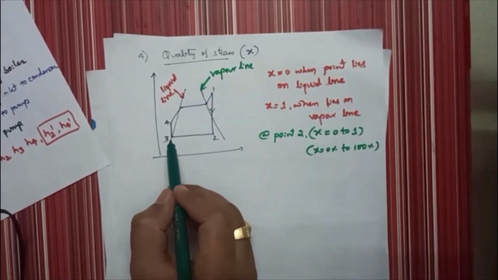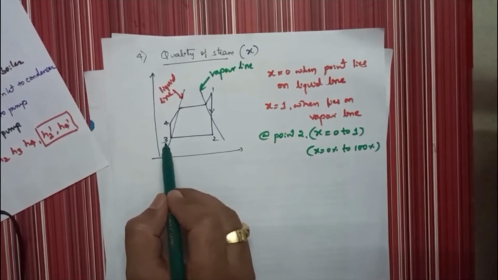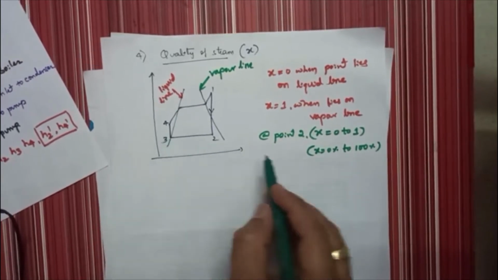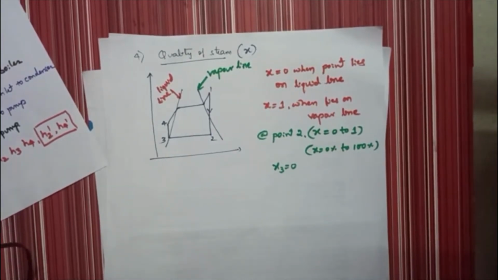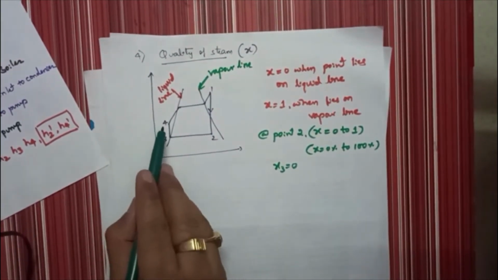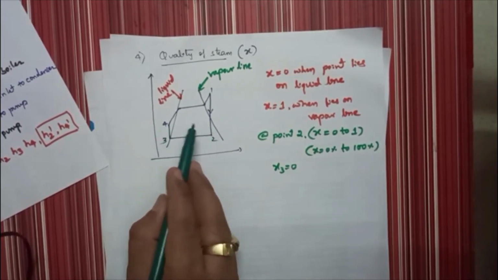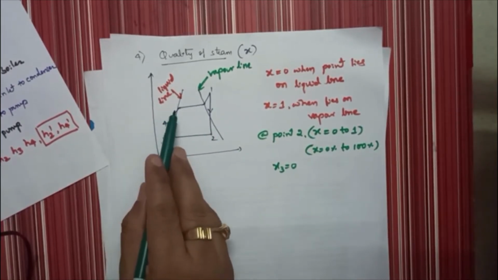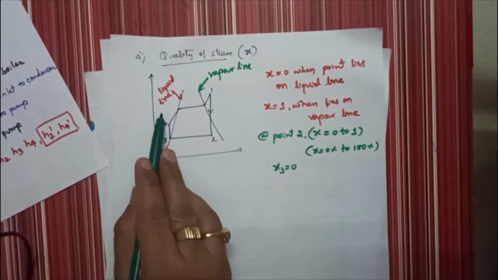Now what is the value of X at point number 3? Point number 3 lies on the liquid line, so X3 is equal to 0 or 0%. Very good. Similarly, point number 4 is not on the liquid line, not on the vapor line, but on the left side of the liquid line. The space on the left side of the liquid line is all liquid space.